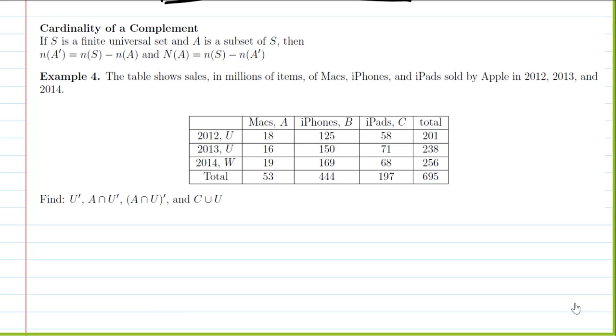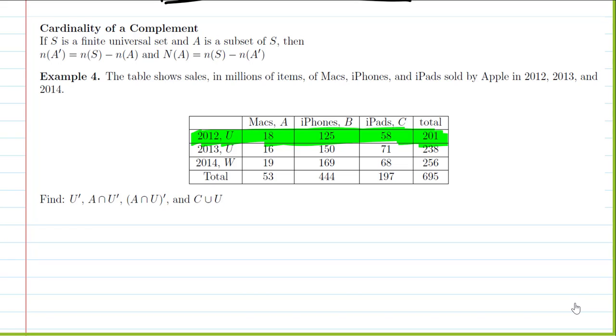All right. So let's talk about each of these sets. The set U would be what? That's this row. The set U would be the total number of Macs, iPhones, and iPads sold in 2012. Well, that's this value, 201.